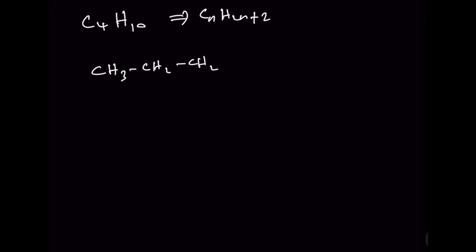Now, when we go to the next series in the alkane, that is butane. Butane has two isomers, C4H10, CnH2n+2. This has two isomers. One is the normal butane that can give us two possibilities, that means two substituents, depending upon where you are removing the hydrogen.